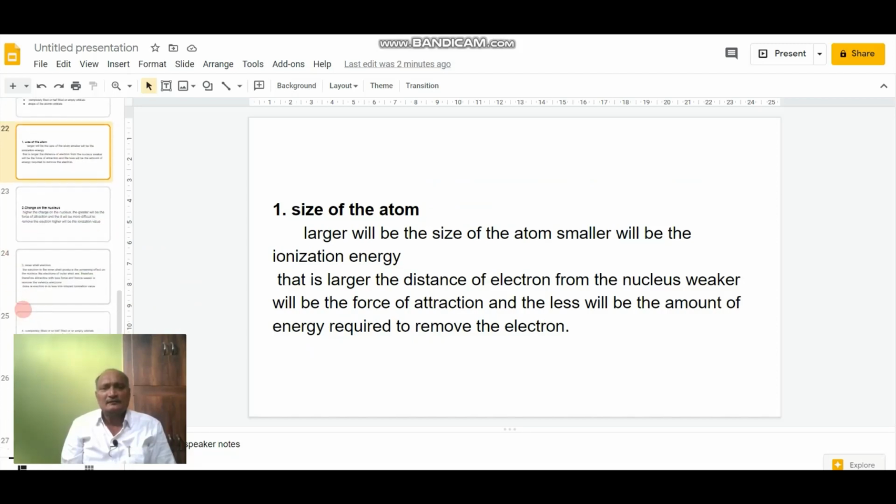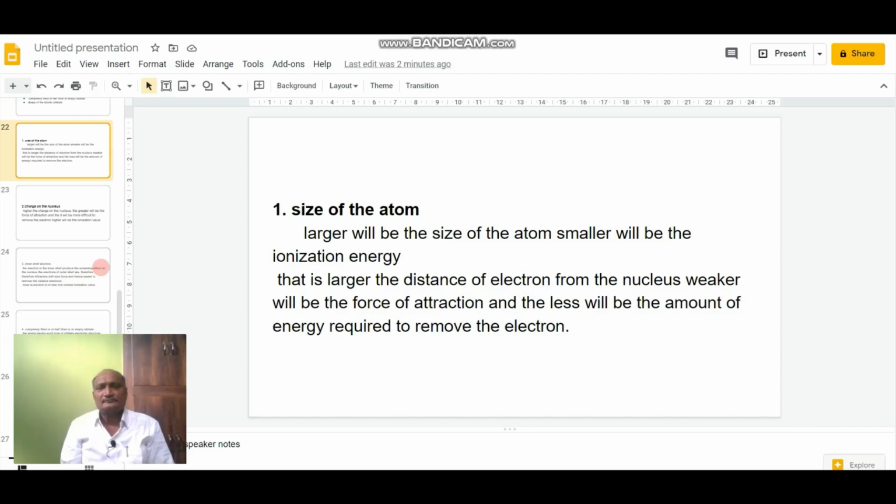Coming to the first one, that is size of the atom. Larger the size of the atom, smaller will be the ionization energy.